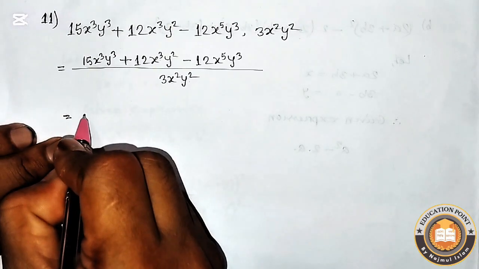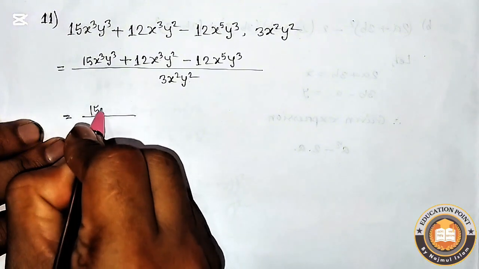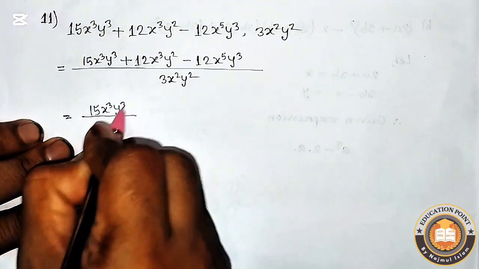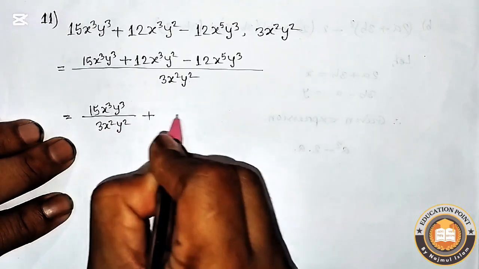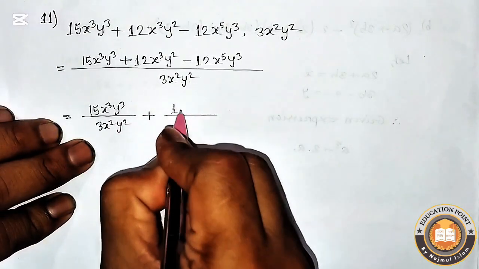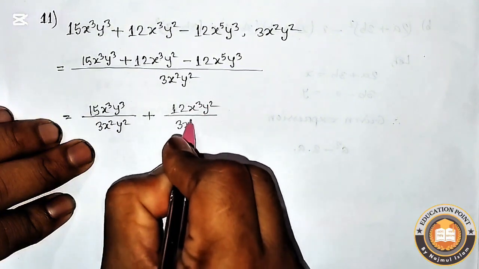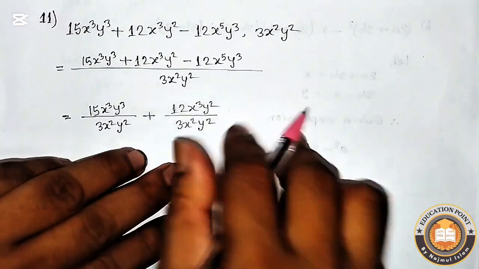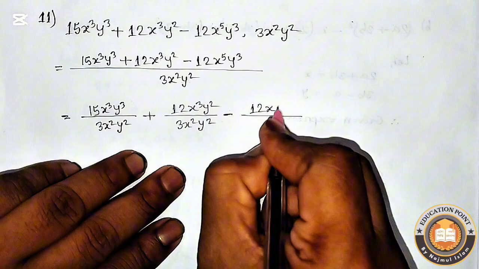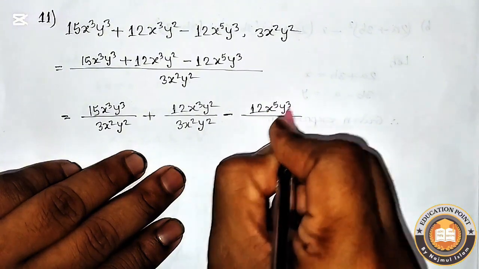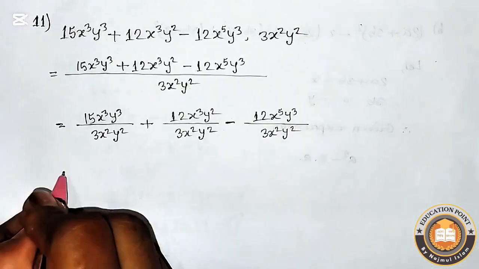At first we will apply the distribution law of division: 15x cube y cube divided by 3x square y square plus 12x cube y square divided by 3x square y square minus 12x to the power 5 y cube divided by 3x square y square.